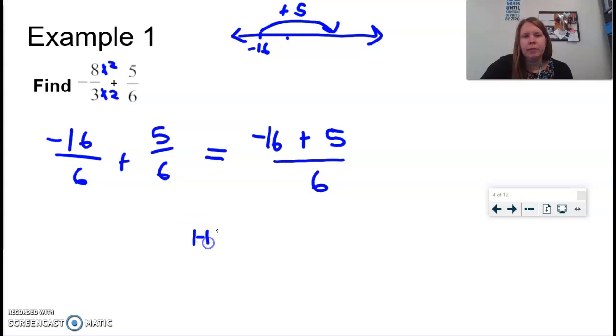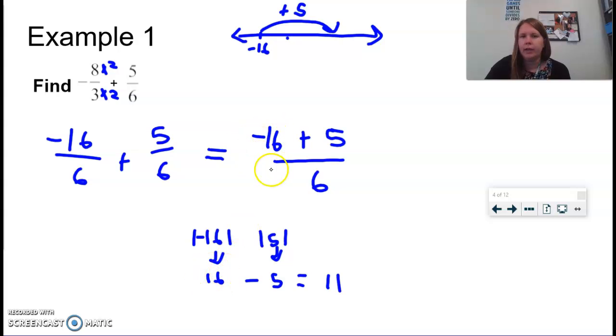I take the absolute value of negative 16, which is 16. I take the absolute value of 5, which is 5. They're opposite signs, so I subtract them. 16 minus 5 is 11, and I keep the sign of the larger absolute value, which was negative. So in this case, I'd have 6 with a negative 11 as my numerator.